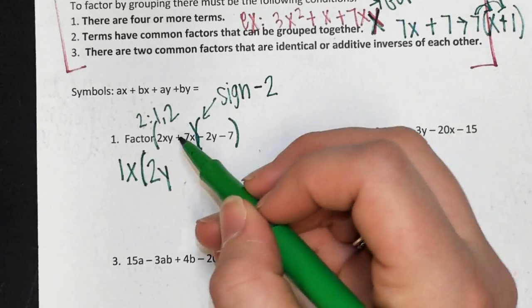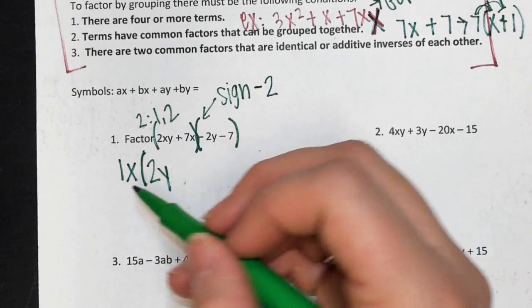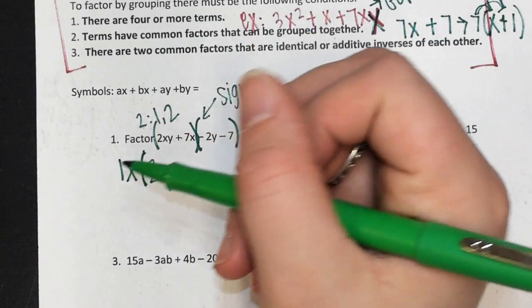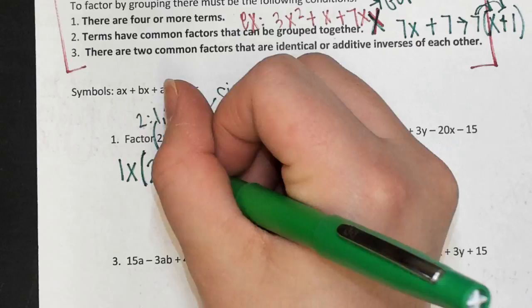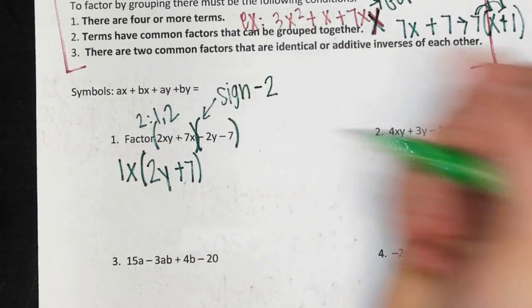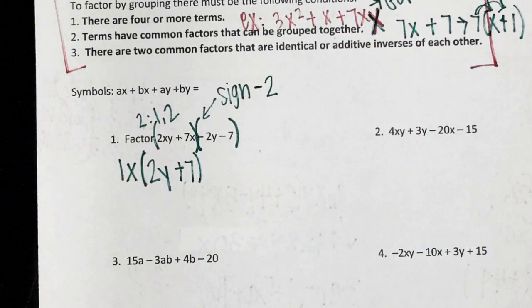Okay, I need to get to 7x. I have 1x. 1 times what is 7? 7. Okay, that's it for the first one.